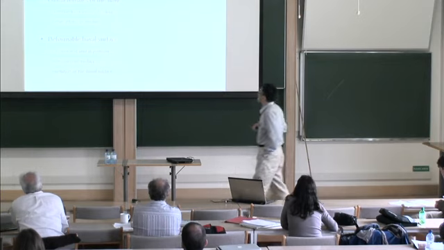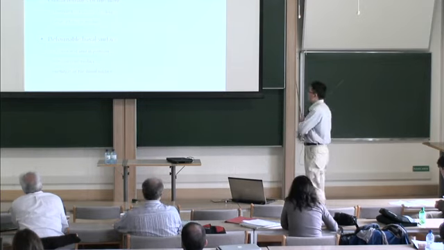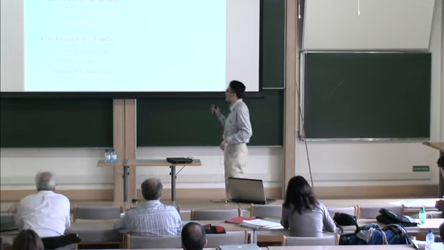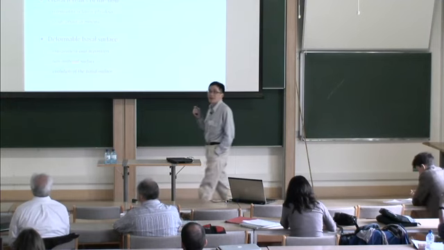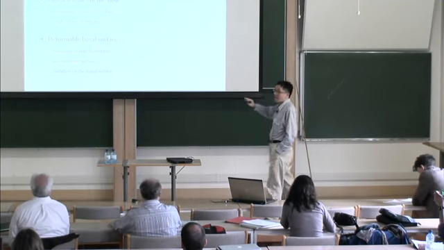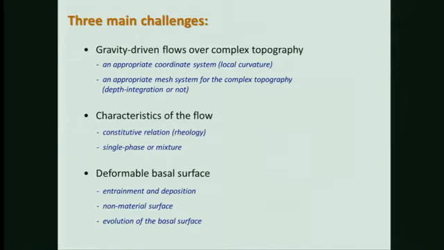The third challenge will be at the bottom, the sliding surface, there could be entrainment, and at the runout distance, there is deposition. What is the mechanism of the entrainment or of the deposition?